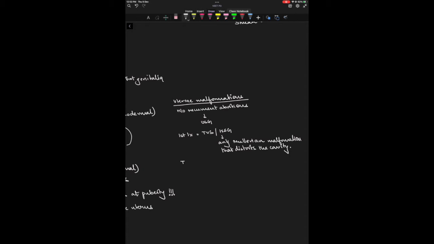We can only visualize the uterine cavity. Talking about the investigation of choice, it is 3D ultrasound and the gold standard is MRI. This question regarding the investigation is very important. The first investigation, investigation of choice, and gold standard.